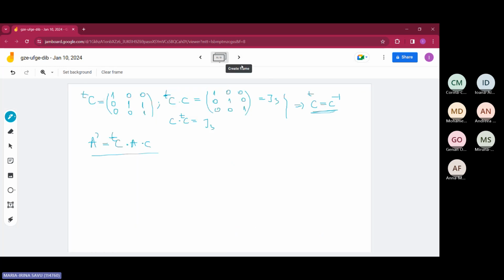You see that C at minus 1 is C transpose, so you already have C at minus 1, and you just have to multiply C transpose with A and C to get this matrix A prime. So you have two methods. You can use either one. It doesn't matter.